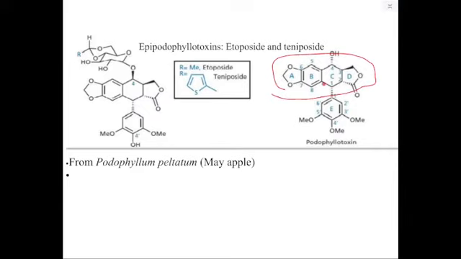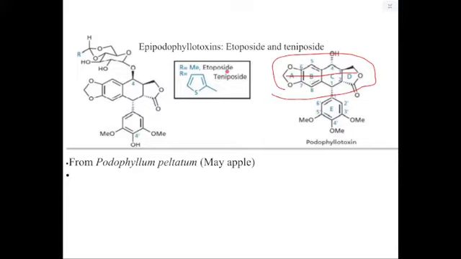Although it can rotate and can have an alpha orientation or a beta orientation, you still can see the whole of this structure, which is 1, 2, 3, 4, a tetracyclic, rigid molecule, which allows for the fitting or intercalating of this molecule between the bases.